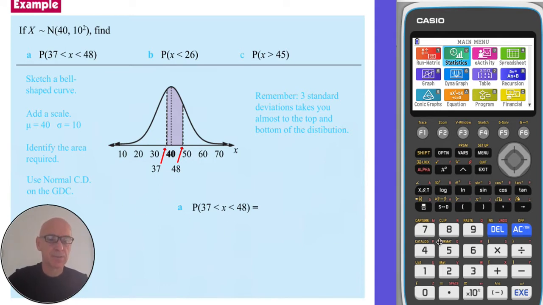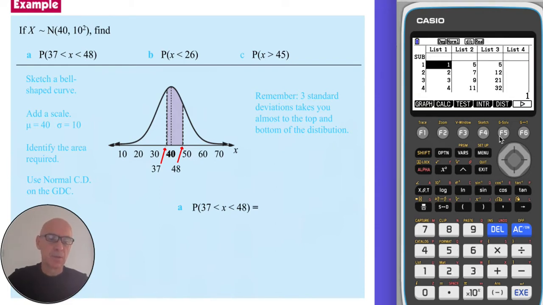So from the menu, choose option 2 for statistics. Press F5 for a distribution and F1 for a normal distribution, and F2 to do a normal cumulative probability calculation.